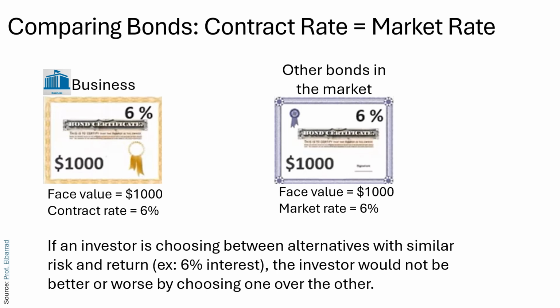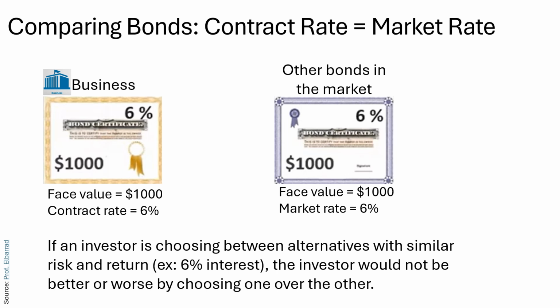If an investor is looking to invest, they obviously will shop around to see which product would be most valuable to them. If an investor is looking at one particular business and the bonds they are issuing, they want to check: is that a valuable interest rate based on the bonds being issued by other companies in the market right now?